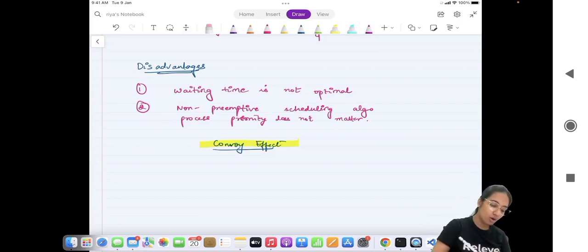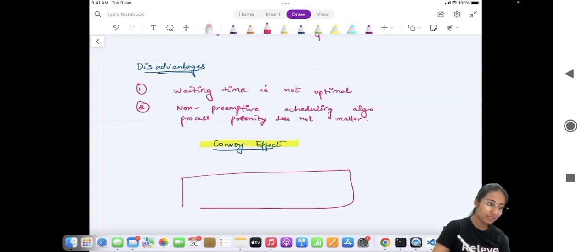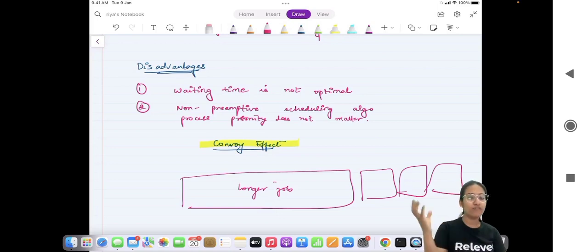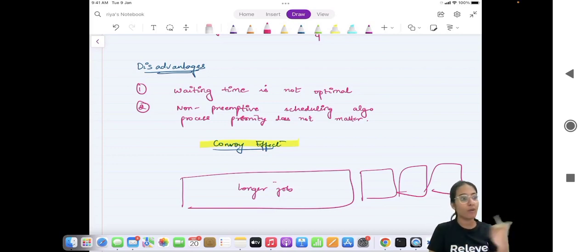So it's like a convoy is going, where there is a longer job followed by a lot of short jobs. Imagine real life. If a convoy is passing through the road, other people get blocked because of it, and they cannot pass until that big convoy has passed.